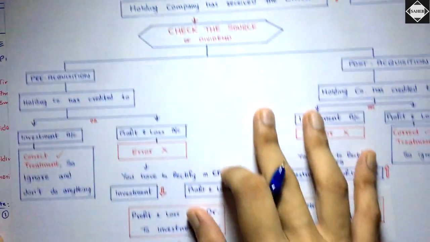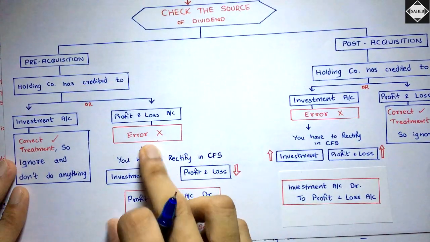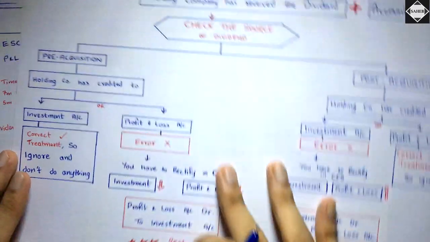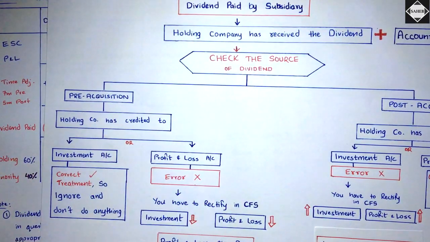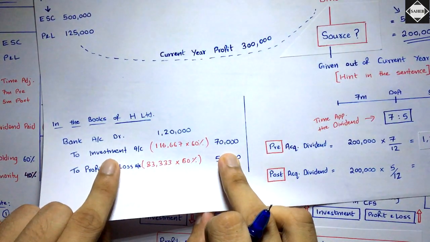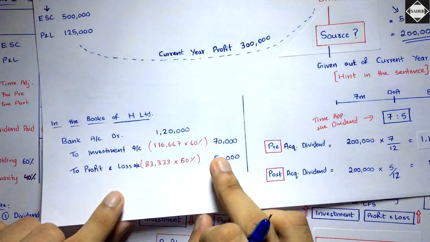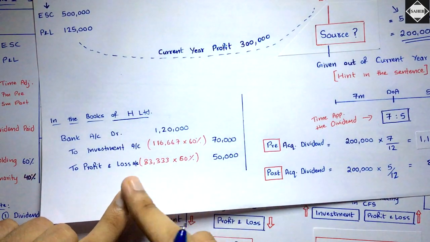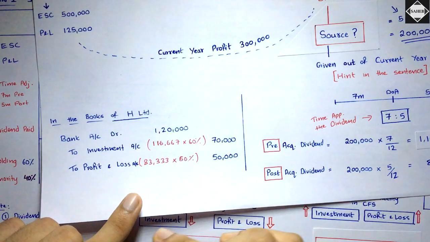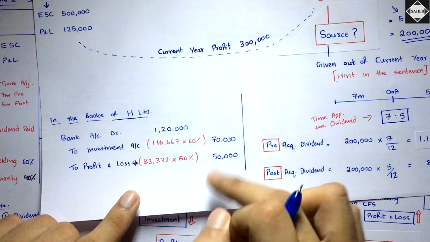In consolidation, error has happened. It's an error, right? So you will only rectify the pre-acquisition dividend. You will only rectify 70,000, which is the pre-acquisition dividend. You will debit the profit and loss by 70,000, you will decrease the profit and loss by 70,000, and you will credit the investment account by 70,000, which did not happen previously because of the error.